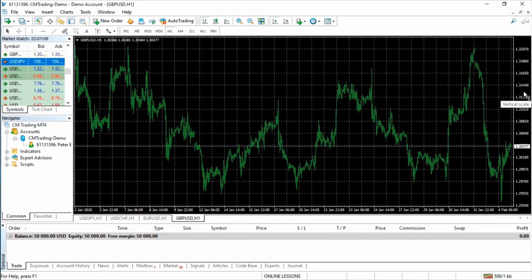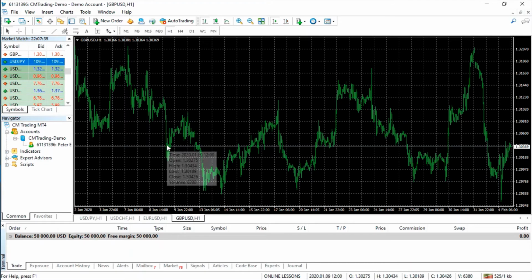This white line shows you the current price in the market. The prices were up here, then they dropped to this point, and right now they're trying to buy at this point. I hope I'm making sense.